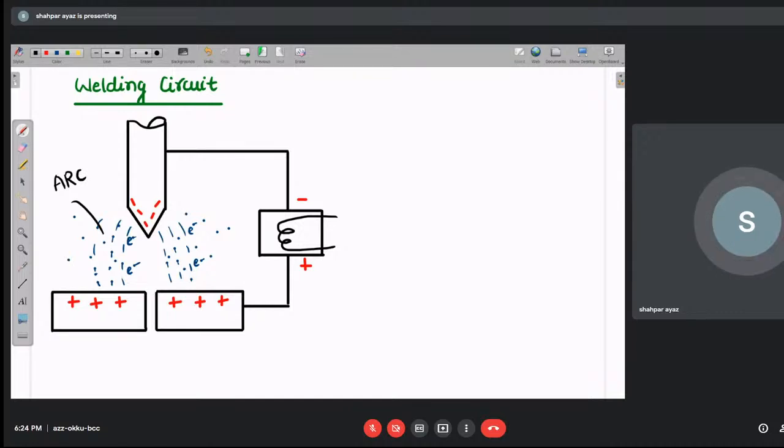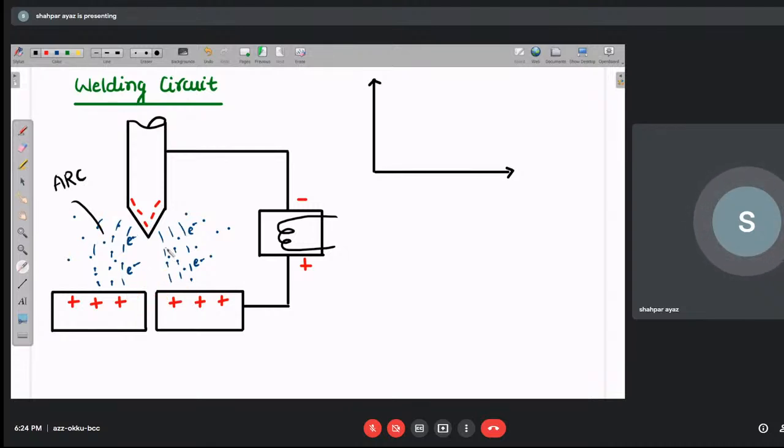Now we need to understand some important points in this. Whenever you see this arc, there is a graph between the arc voltage and arc length, my dear. That is the length, the distance between the electrode and the workpiece.